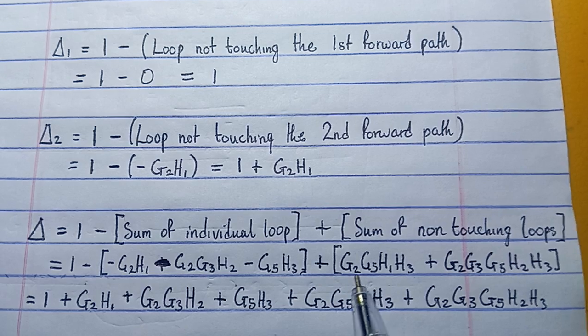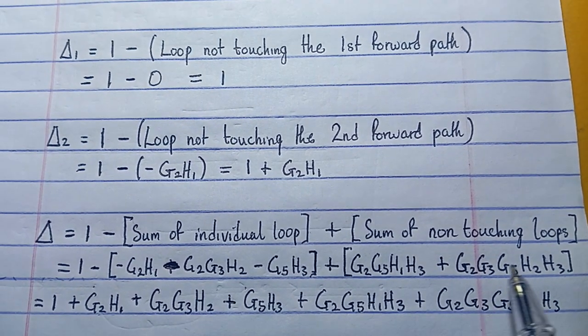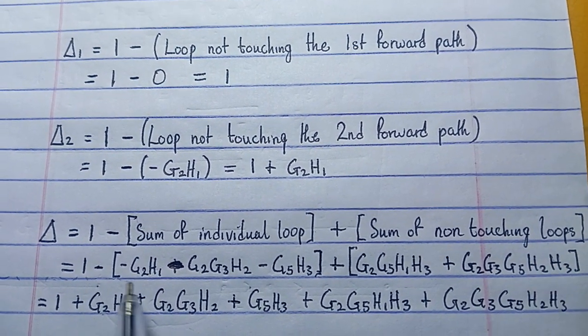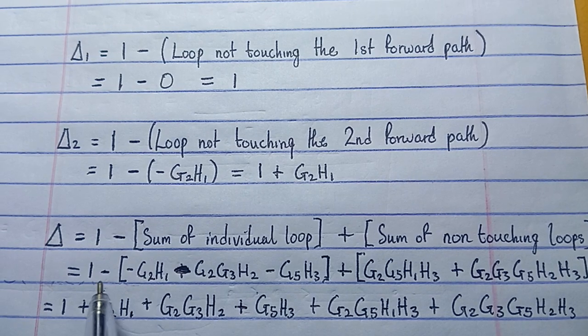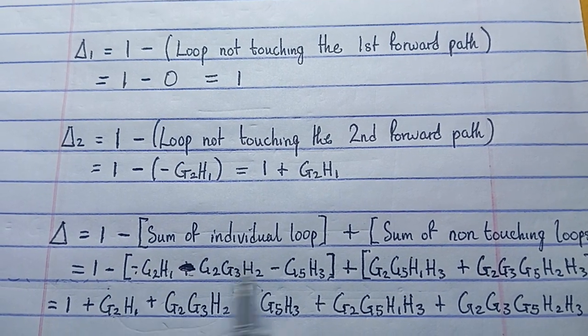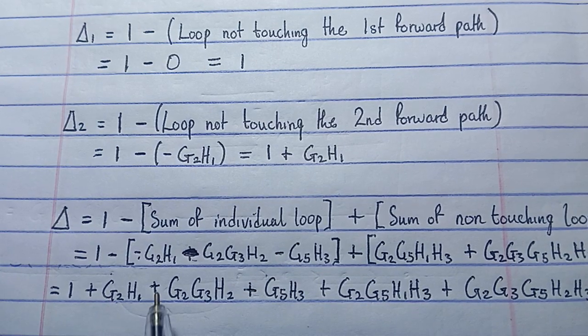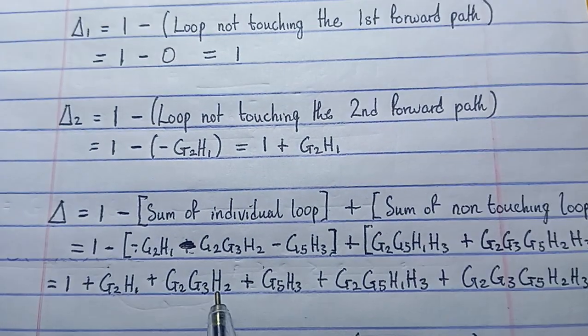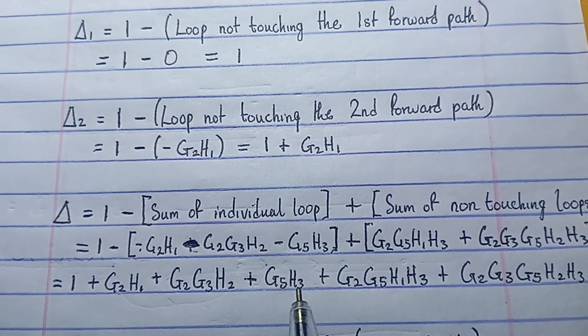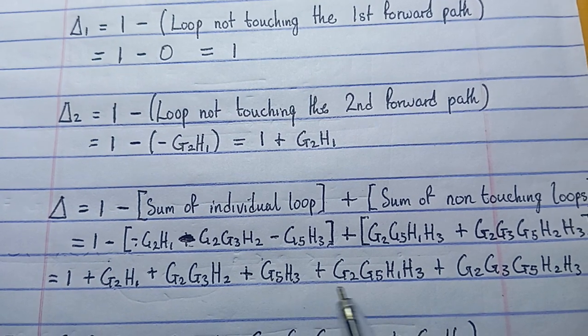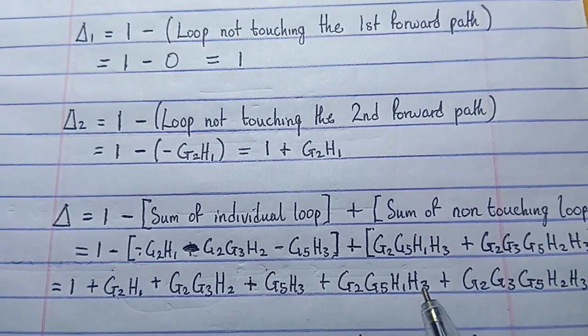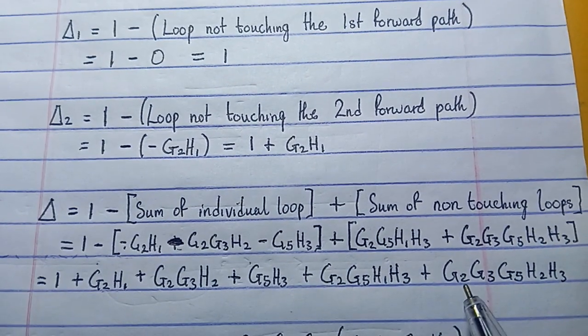Okay, so this is the sum of our non-touching loops. So what we're going to do is expand, open the bracket here, which is this minus times all this minus here, turning to plus. That is 1 plus G2 H1 plus G2 G3 H2 plus G5 H3 plus G2 G5 H1 H3 plus G2 G3 G5 H2 H3.